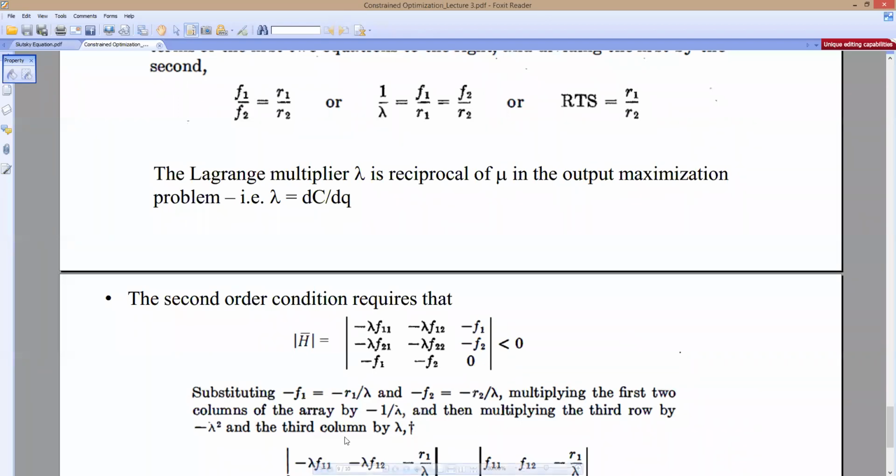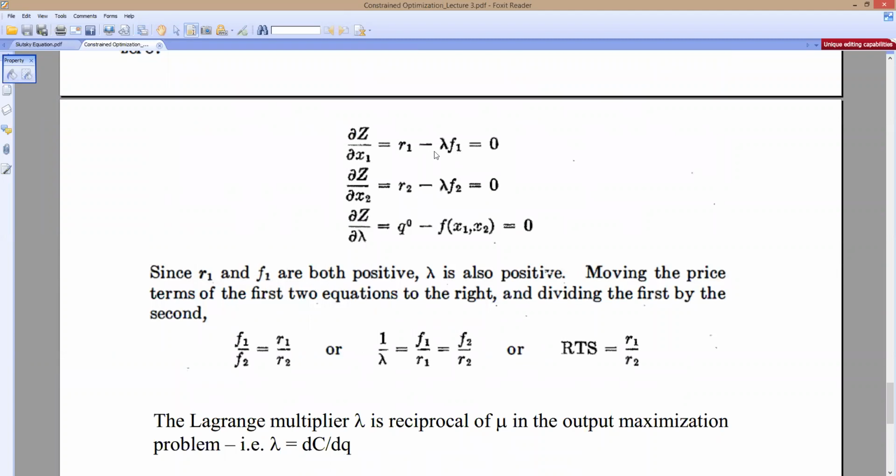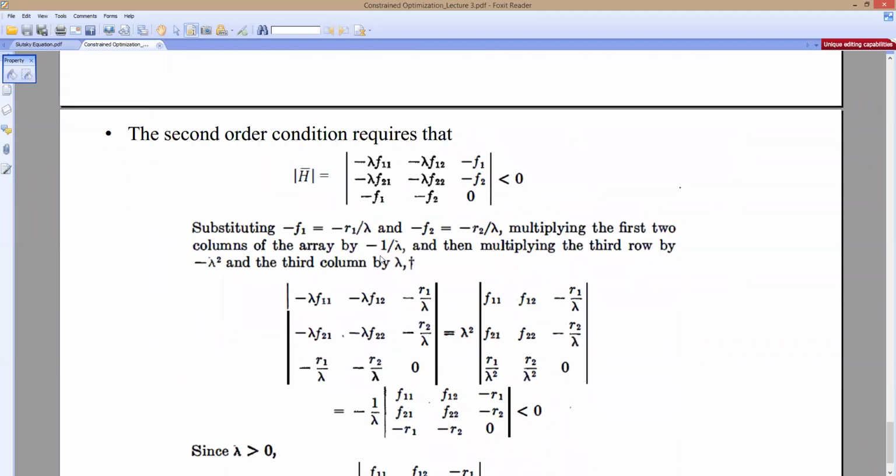Okay. Now you can substitute the values for minus f1 and minus f2 in terms of the input price and lambda, in all these expressions. So minus f1 can be written as, from the first order condition also, minus f1 is equal to minus r1 by lambda. So if you substitute all these values, minus f1 and minus f2 in terms of minus r1 by lambda, minus r2 by lambda, we are getting these expressions.